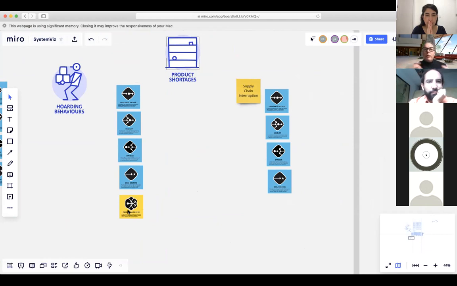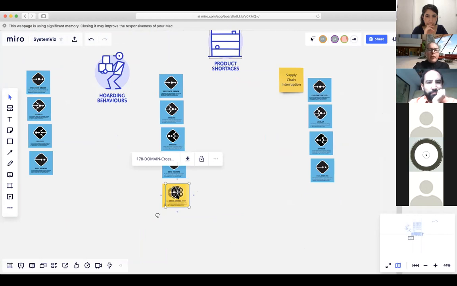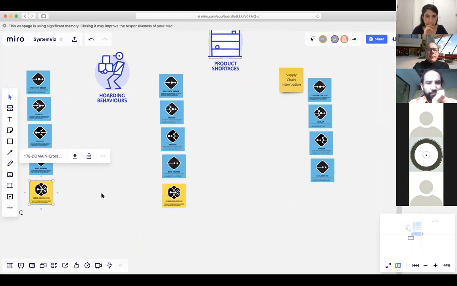How does it create other forms of risk? How does hoarding behavior create other forms of risk? And we start just expanding the template, right? That's another way of doing it, if you're not as familiar with the chips right at the beginning, and then you just expand your repertoire from there. So that's another way of doing it.